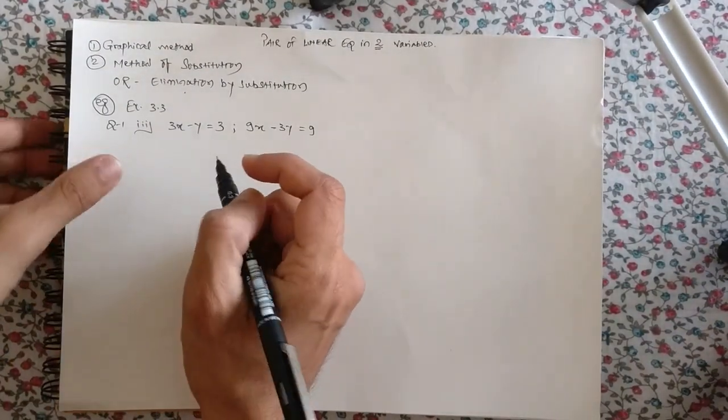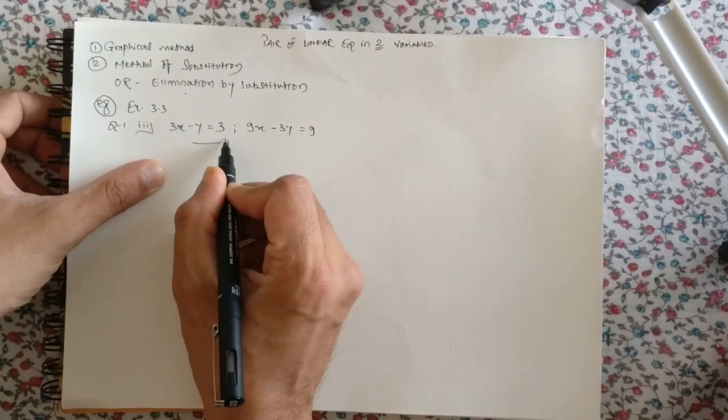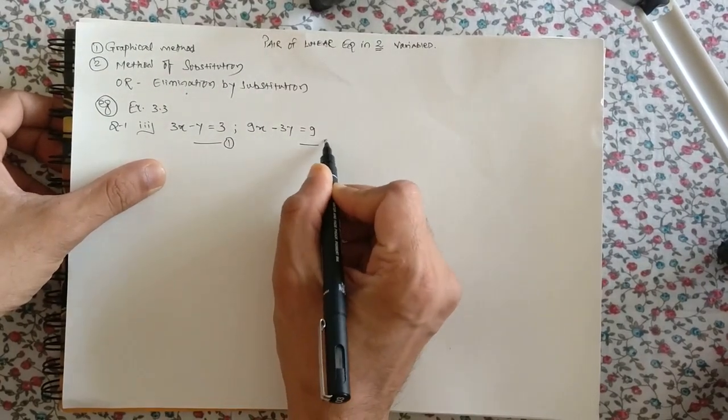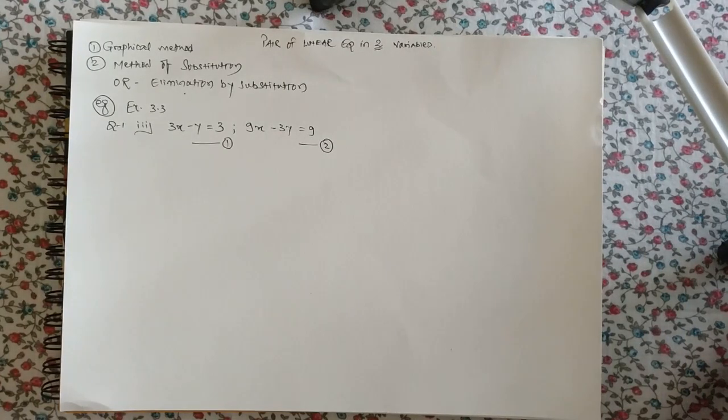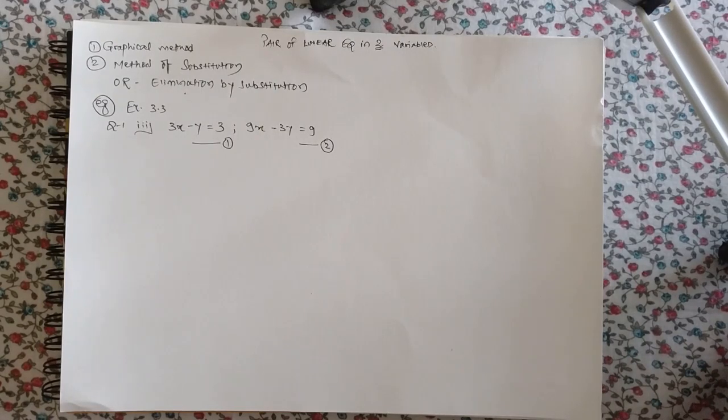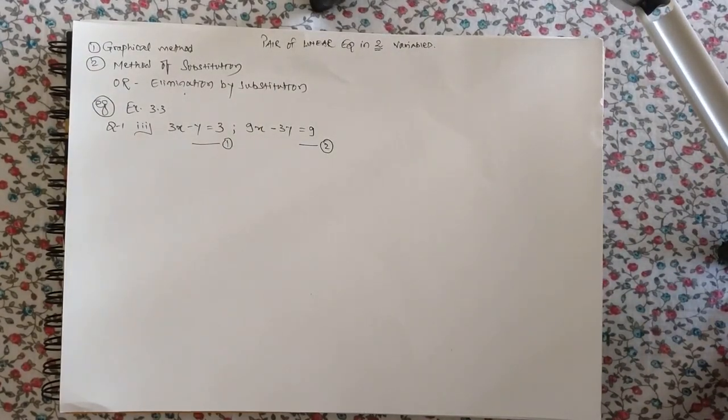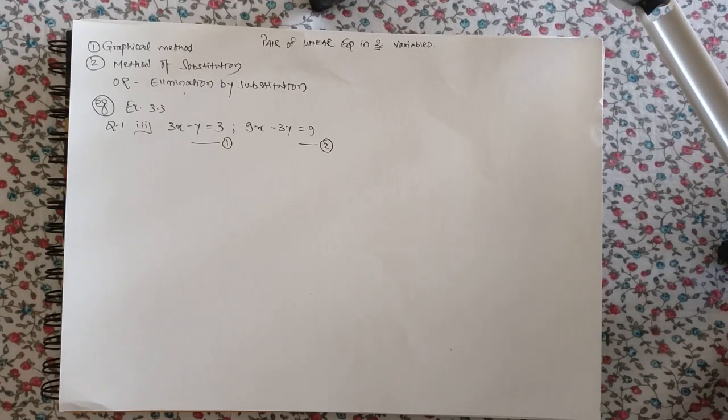First we'll give numbers to our equations, equation number 1 and equation number 2. Now we will select one of the equations, it can be equation 1 or 2, but we should select it in such a manner that it has the lowest possible coefficients and constants.